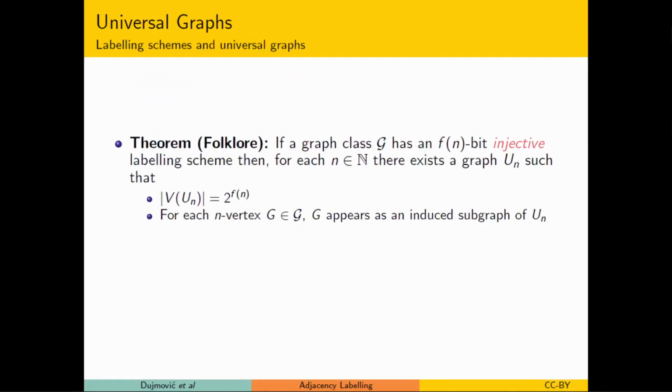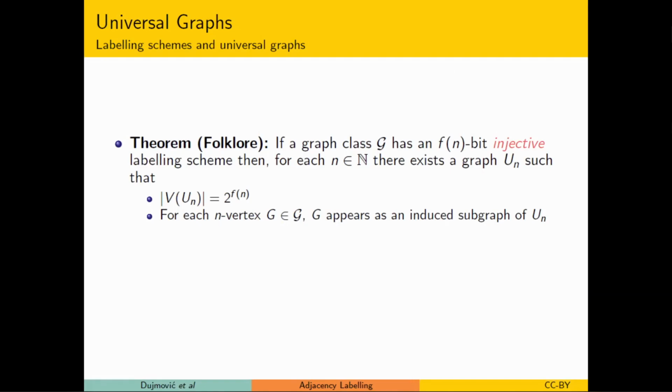Okay, and this is all very computer science-y, bits and labels and counting things in bit lengths. If you don't like that, there's another view of all of this, which is about so-called universal graphs.